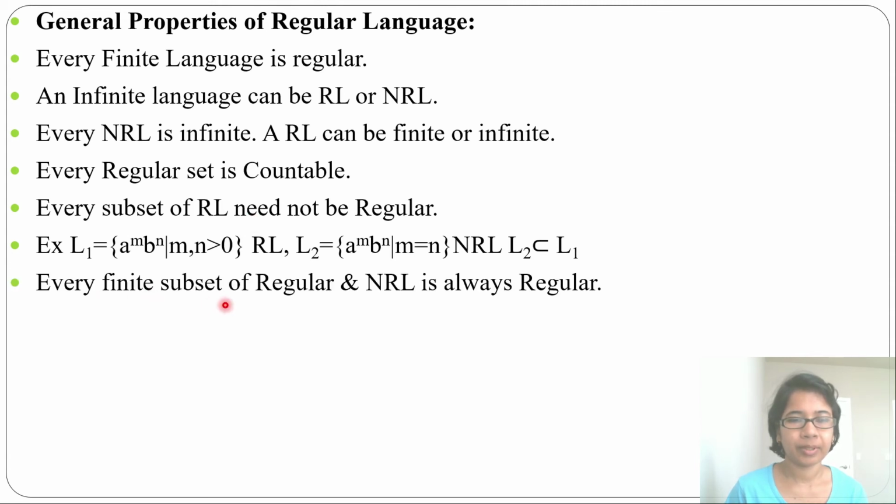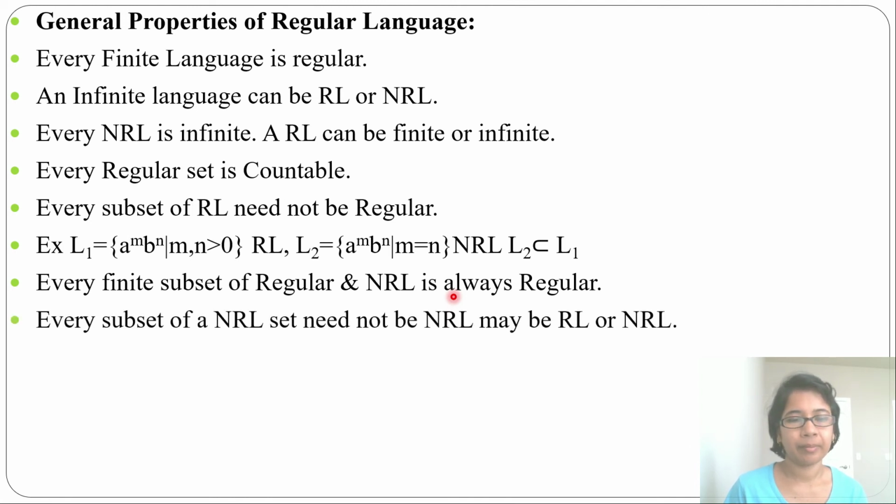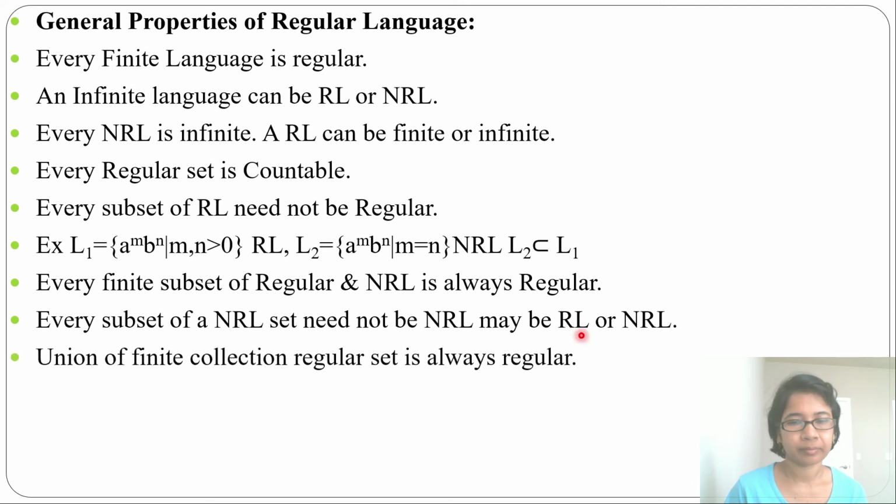Every finite subset of a regular language will be regular. Even every finite subset of a non-regular language will also be regular. Finite means it is regular. Infinite means it may be regular, may be non-regular. The subset of a non-regular set need not be non-regular. It may be regular or non-regular.